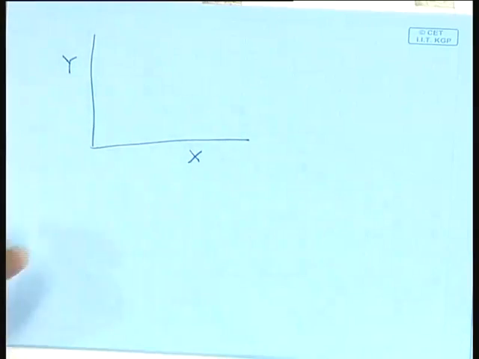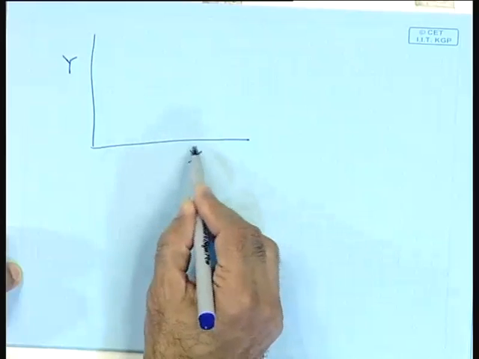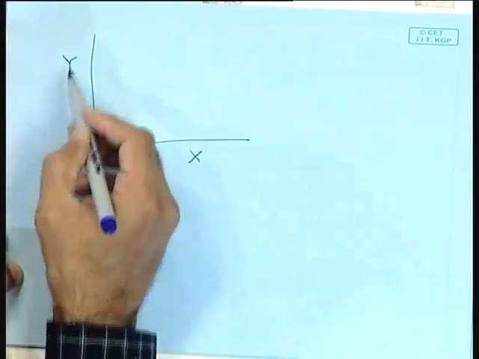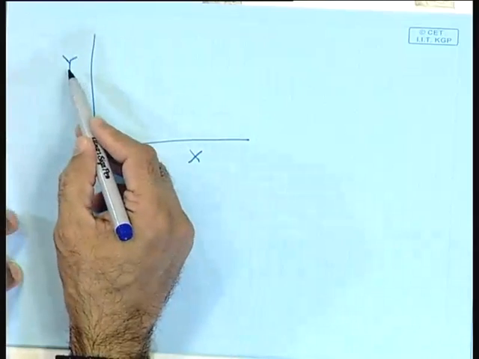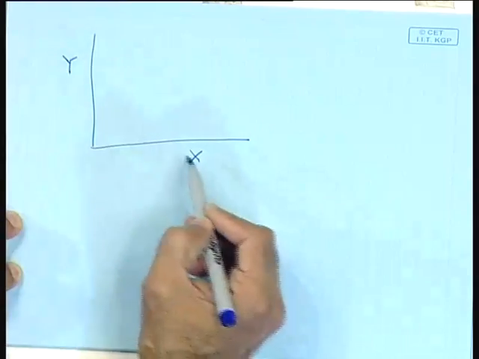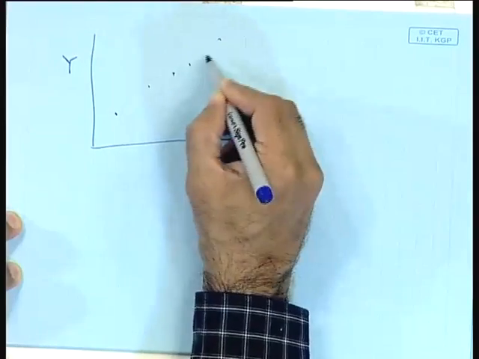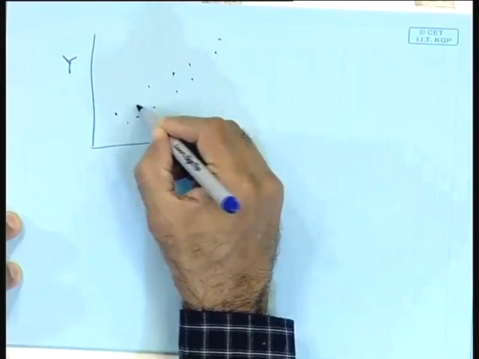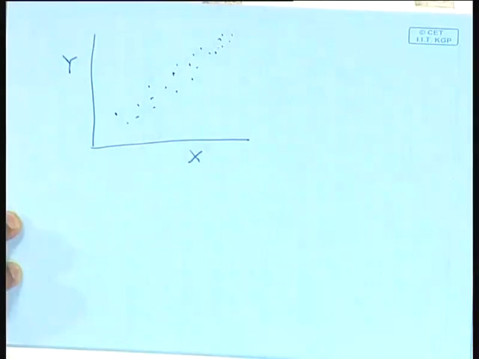These are two different observations, and this could be, for example, sale of coffee, and this could be temperature. Sale of coffee at the coffee shop, and this could be ambient temperature. You might find when I do this, I tend to find a scatter plot which is like this, which will be like this.